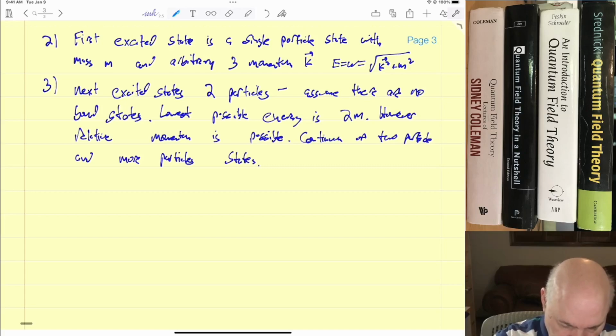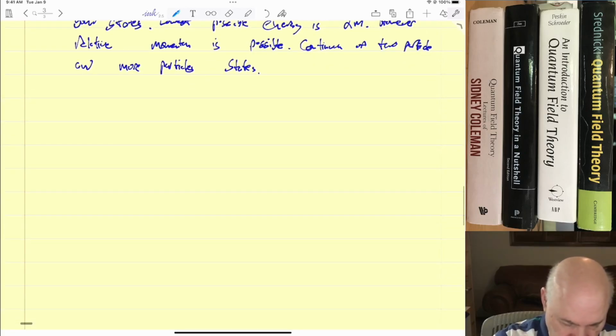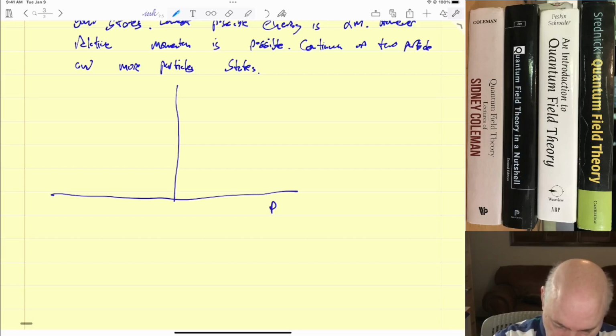So I'll just draw the same diagram that is in the book. Let's say this is the momentum, and this is mass m. Then you get a hyperbola through m. That's the single particle state.